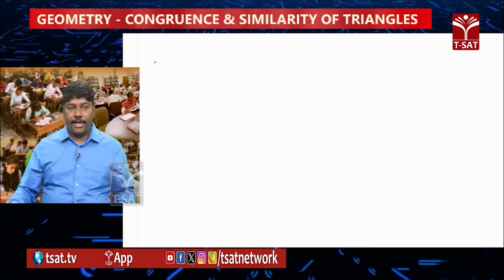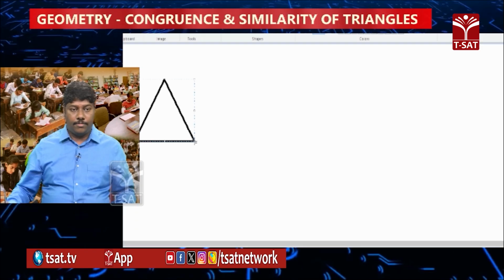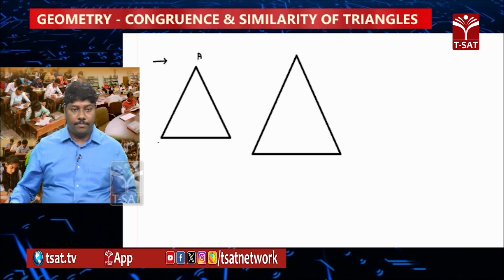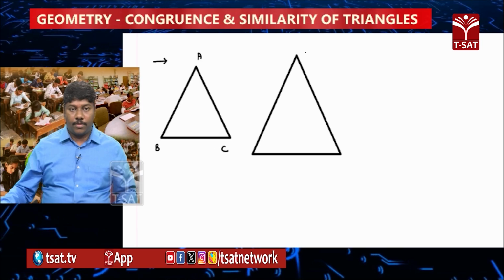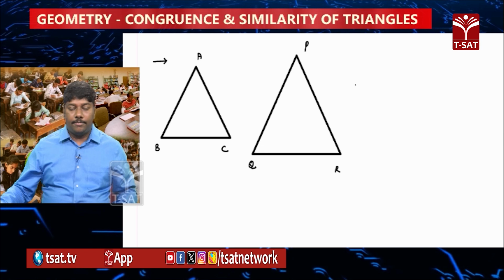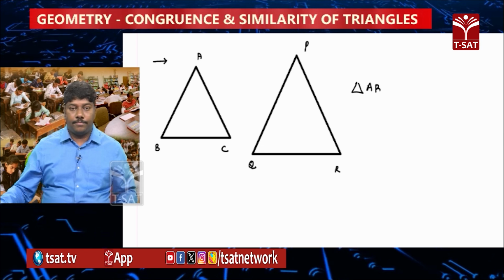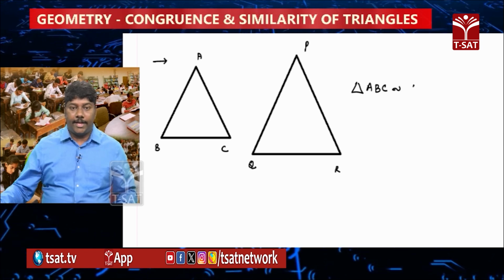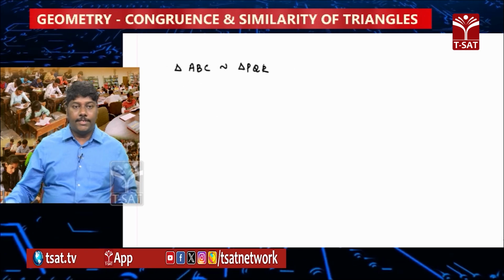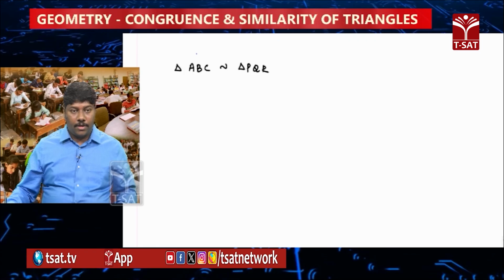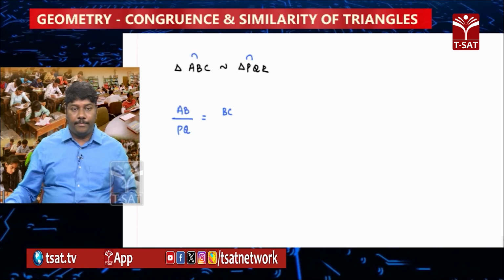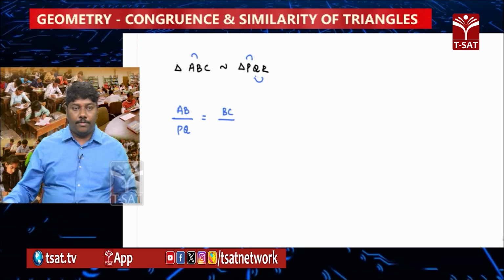What happens when two triangles are similar to each other? Just taking two similar triangles, ABC and PQR, I am saying triangle ABC is similar to triangle PQR. If triangle ABC is similar to PQR, we can say AB by PQ is equal to BC by QR.